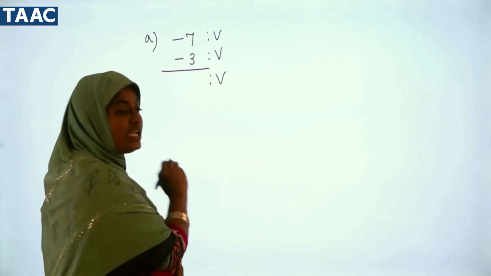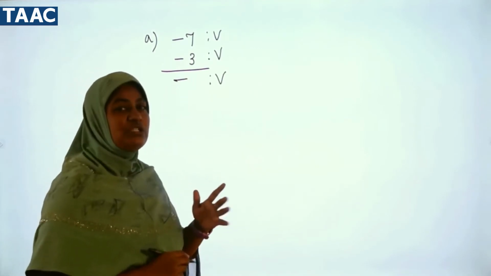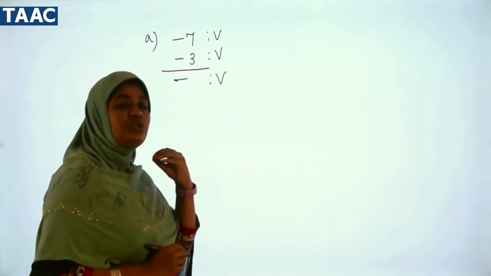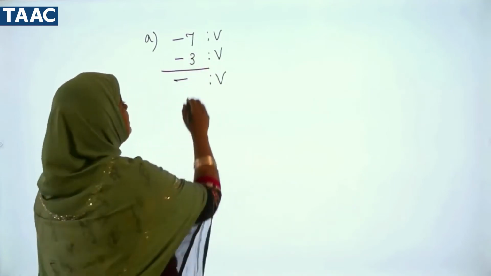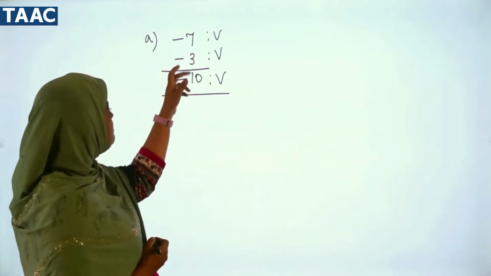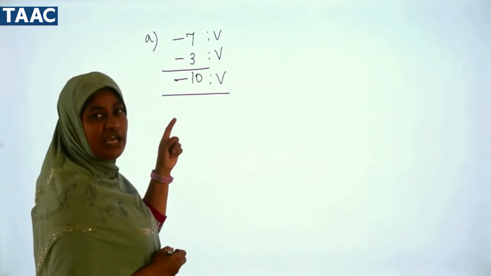Villain means what sign we have to put? Minus sign. Now we know villains don't fight, so together at last on the battlefield we have only villains. So in total we find 7 plus 3, that is we add the numbers. So 7 plus 3 is 10. So you see we have the same sign, so our answer also has the same sign, and the numbers we have added.